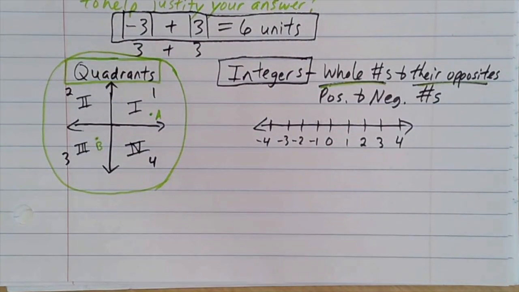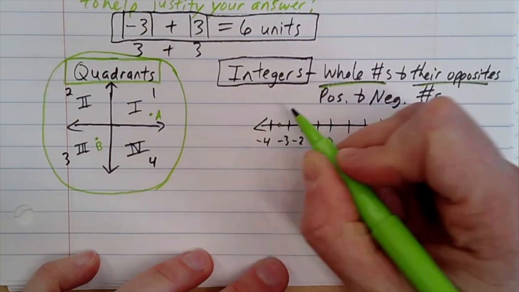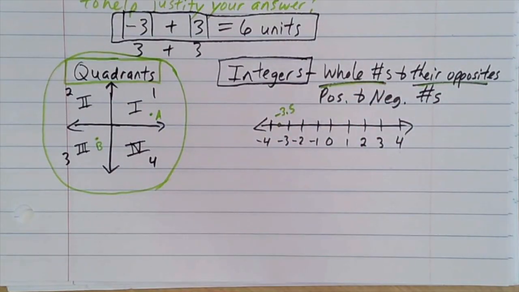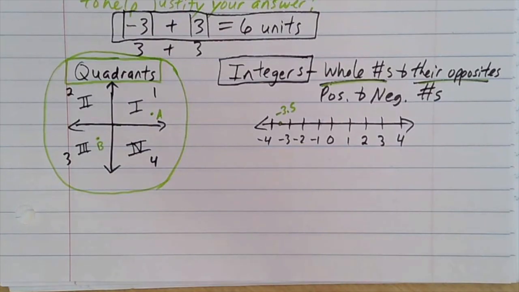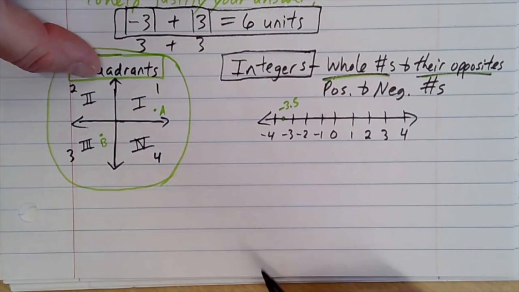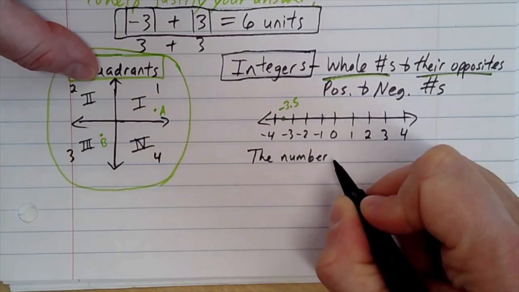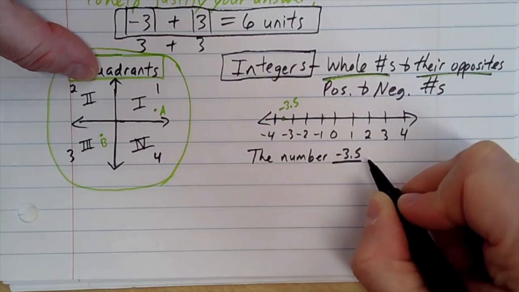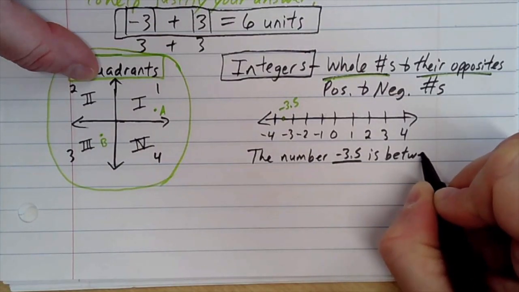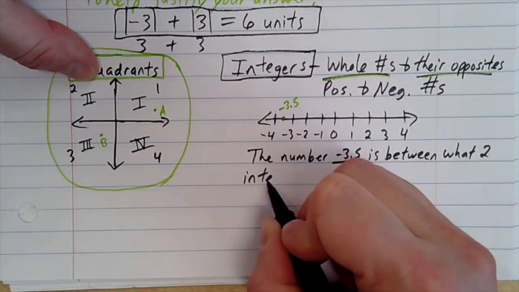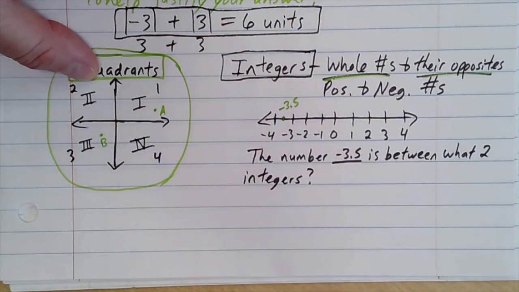Being able to graph that, and I say something like there's a dot right here, -3.5 is that dot, and I say between what two integers is -3.5? So I'm saying the number -3.5 is between what two integers? Question mark. So put a star here, put another star here.